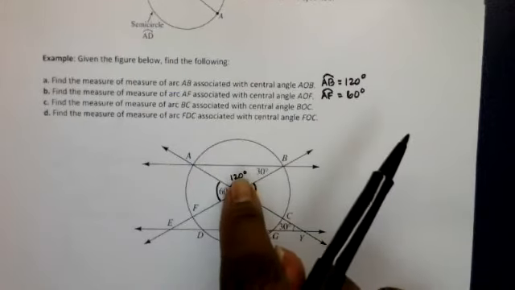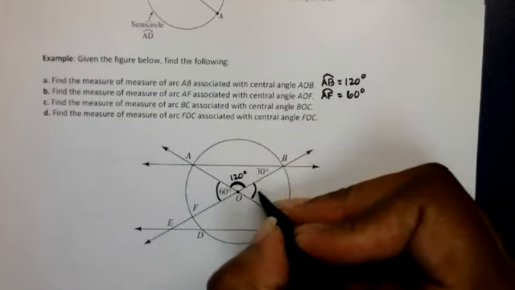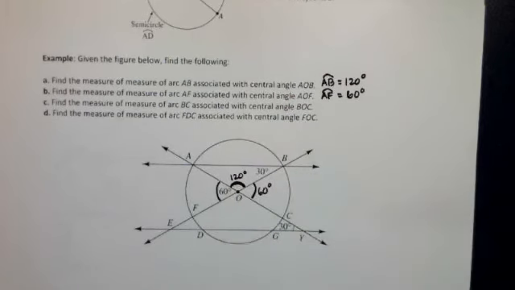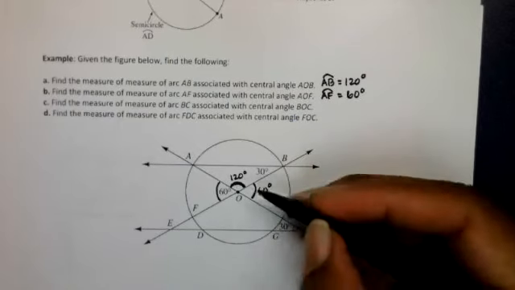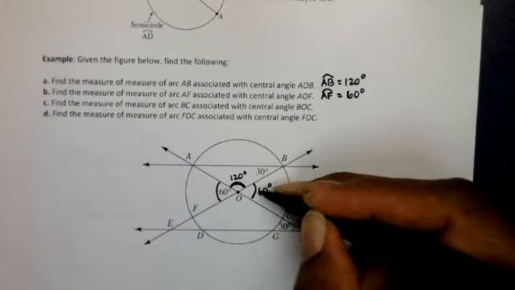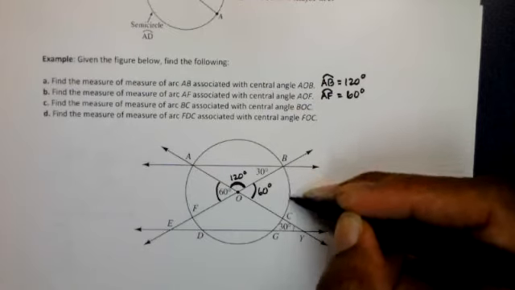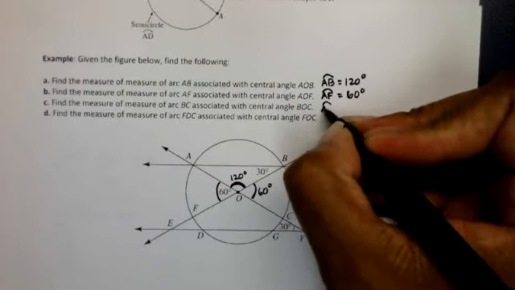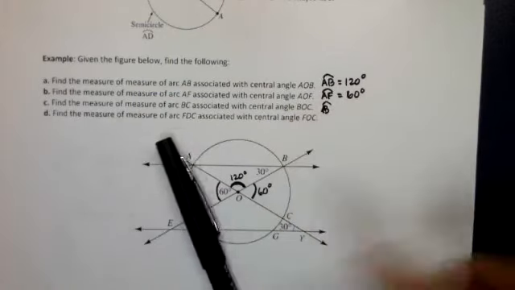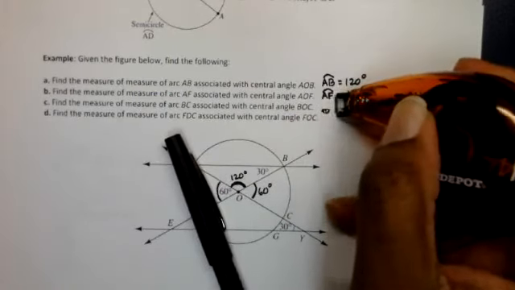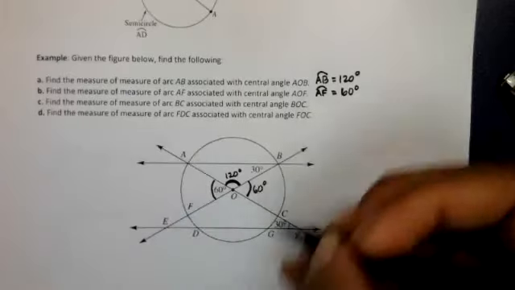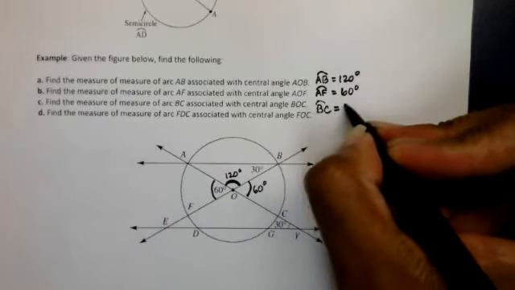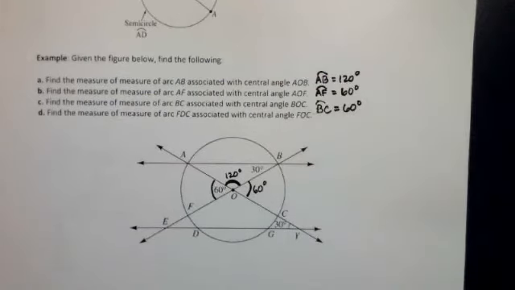So if I subtract 120 from 180, that will mean that this angle has a measure of 60 degrees. And if this central angle BOC has a measure of 60 degrees, then arc BC has that same angle measure, which is also 60 degrees.